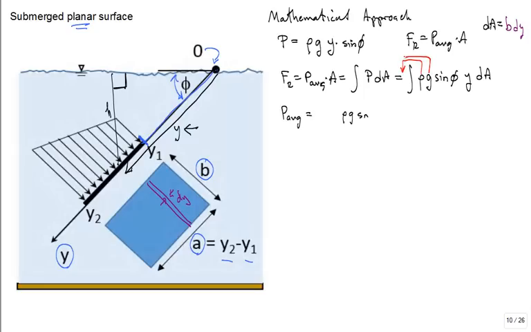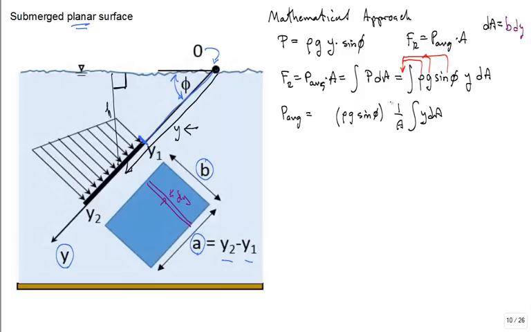Isn't g constant? Isn't the sine of phi constant? Okay, so they all come outside the integral sign. And then I'm going to have the 1 over the area, the integral of y dA. Did I make an error, or did we follow?